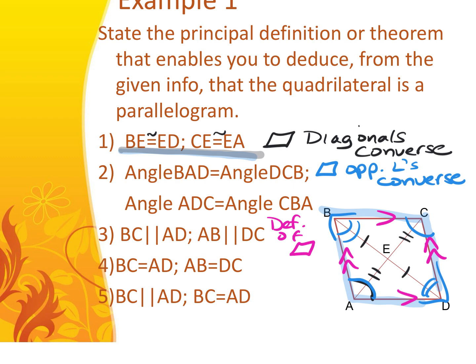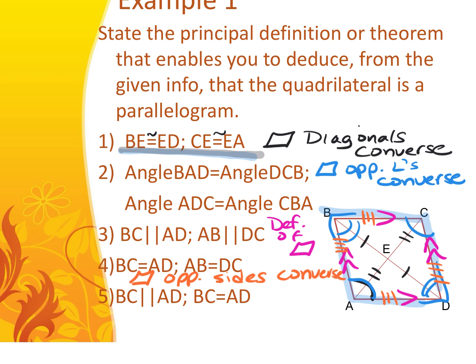And then number 4, when you're given that BC is congruent to AD, and AB is congruent to DC, when both pairs of opposite sides are congruent, then the quadrilateral is a parallelogram, and this would be our parallelogram opposite sides converse.